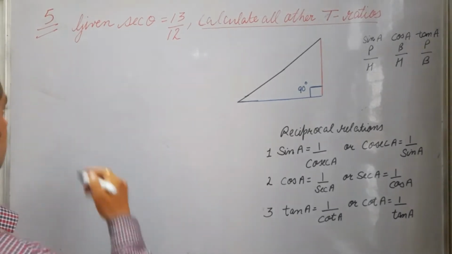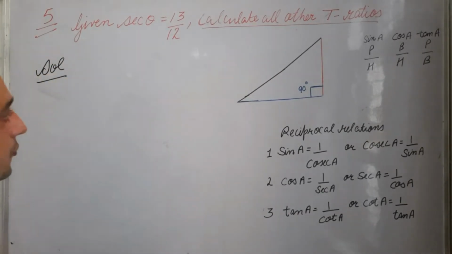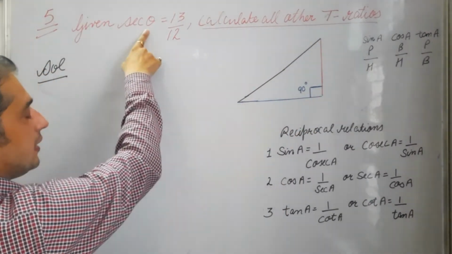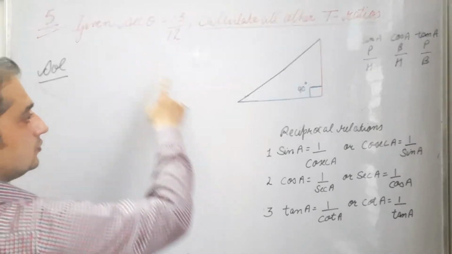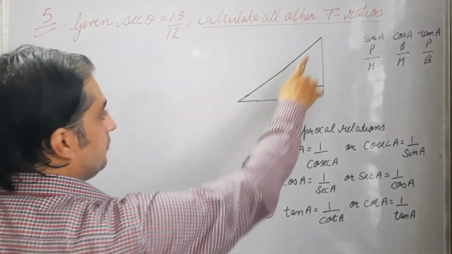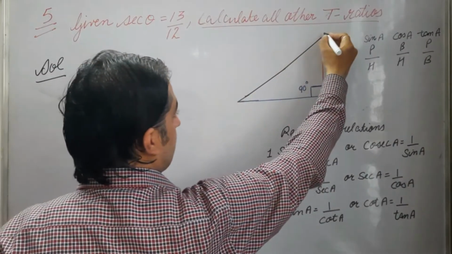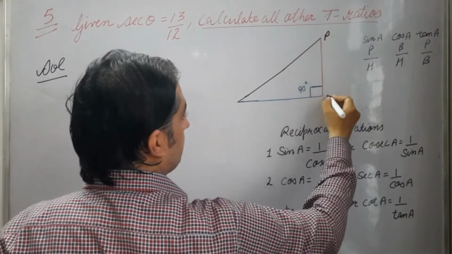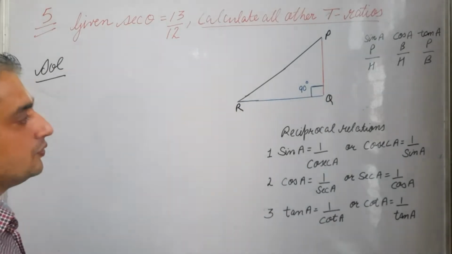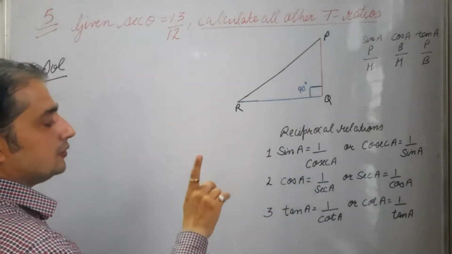First of all, draw a right angle triangle, because the T ratio is defined for an acute angle. In a right angle triangle there are two acute angles. First draw a right angle triangle and write the name of the triangle, PQR.